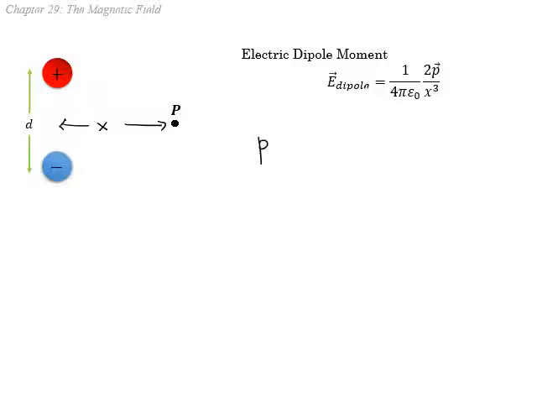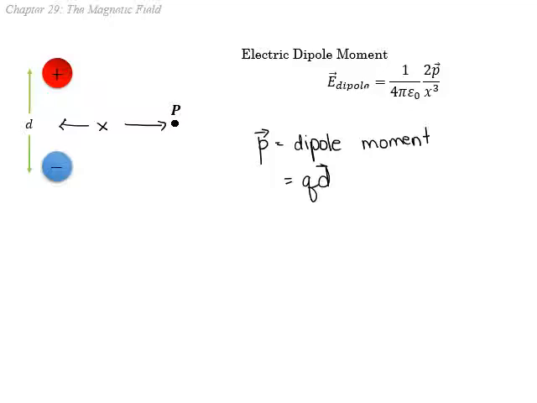The dipole moment had a symbol of P, and it was equal to the magnitude of the charges times the distance between them. So an electric dipole moment is a way to talk about the electric field around charges.